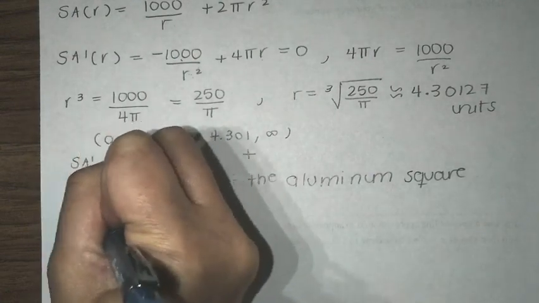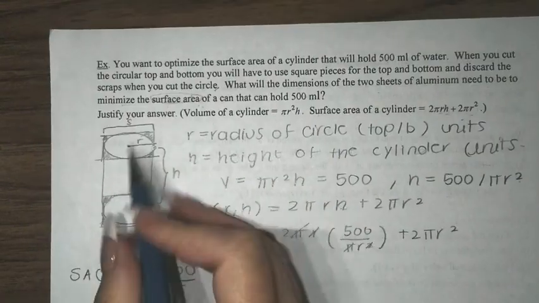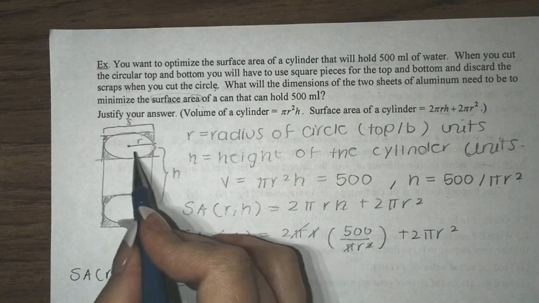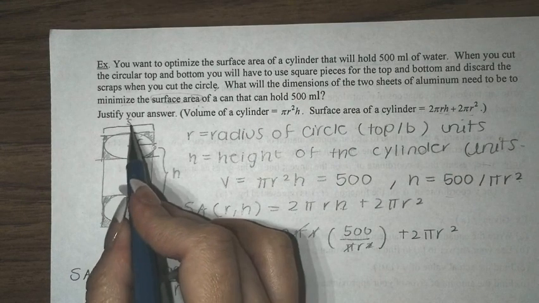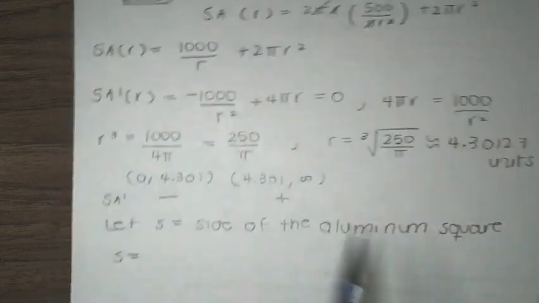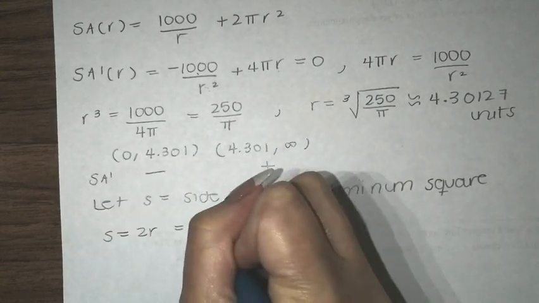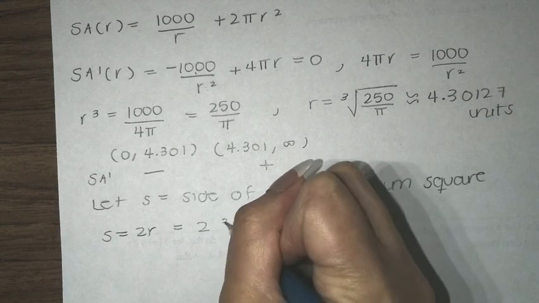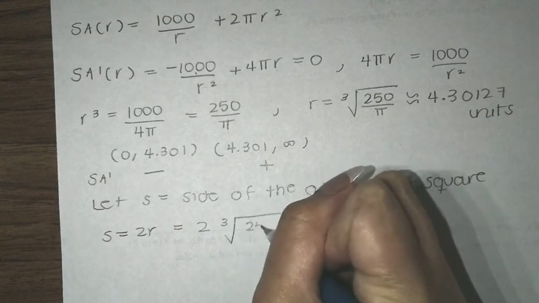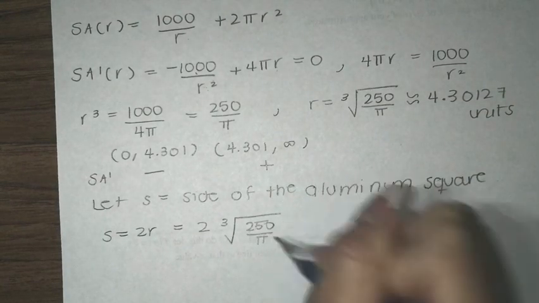Okay, so S is going to be equal to what? If this is S and this is r, you know that 2r is going to be S. Okay, so we know that S is equal to 2r, meaning S is going to be equal to 2 times the cube root of 250 divided by pi.